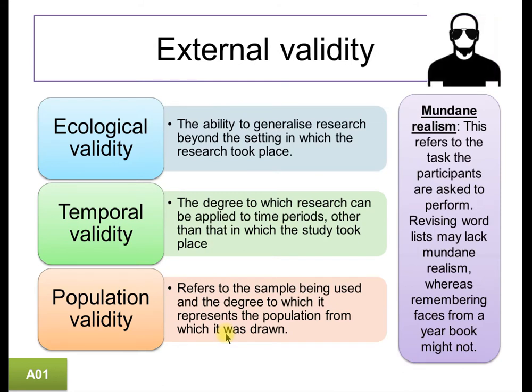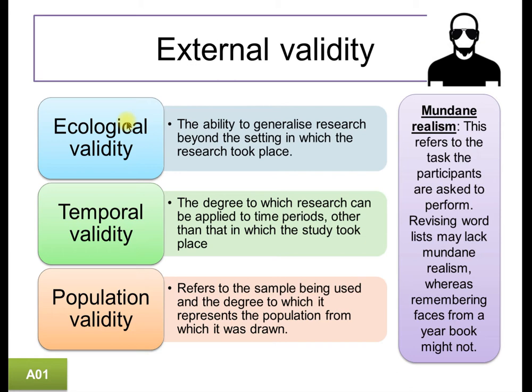External validity is the easiest one to get a head around, so let's breeze through this. Ecological validity is generalizing it beyond the setting, the environment. Ecological. This word is about your surroundings, your environment. So again, if we carry out this complex laboratory experiment, can we apply it?